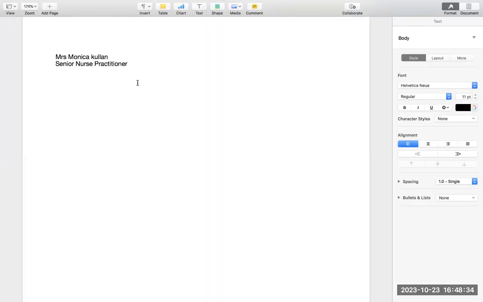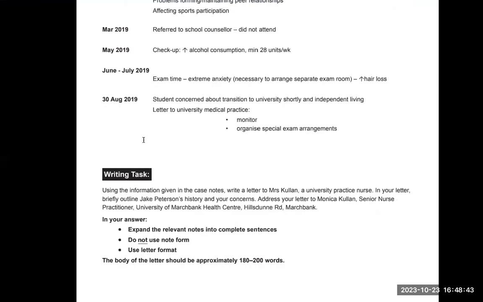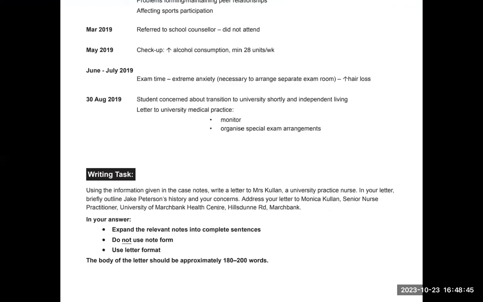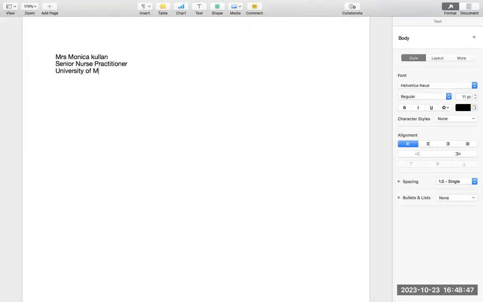University of Marchbank, whatever is given. I do not want a capital for 'of', the rest I want capital. Marsh Bank Health Center. I will write the complete Marsh, you will write the complete thing. Health with a capital H, Health Center with a capital C. That is what you will write.